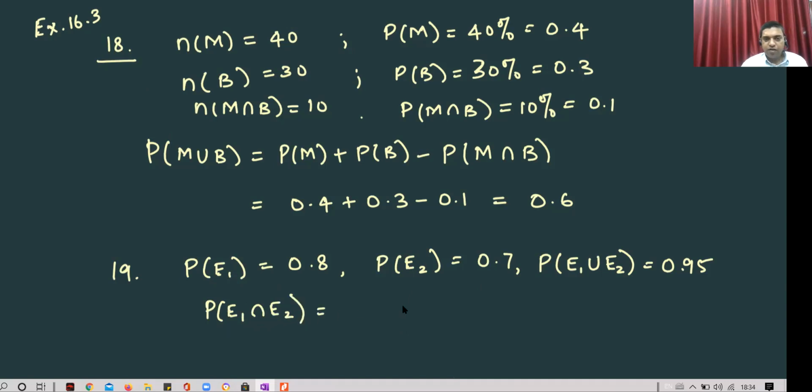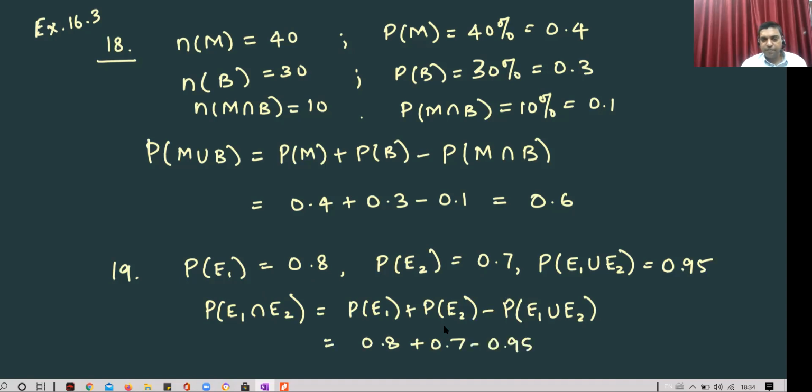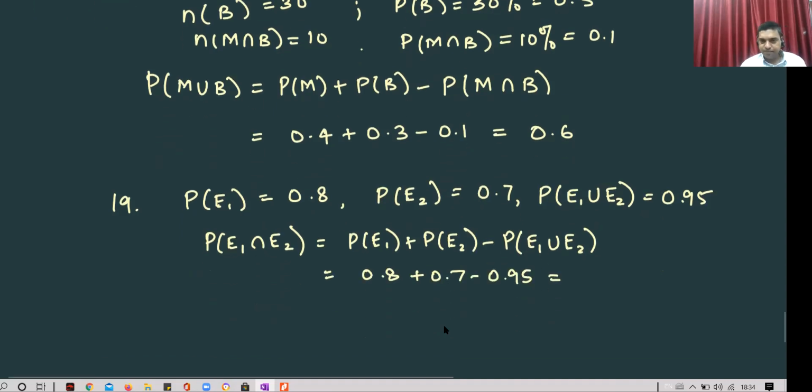Just by the addition formula, probability of E1 plus probability of E2 minus probability of E1 union E2. Because in the addition formula, this term is on the left hand side, this term is on the right hand side. You can exchange it. So you get 0.8 plus 0.7 minus 0.95, so 0.65. 0.65 is the answer.